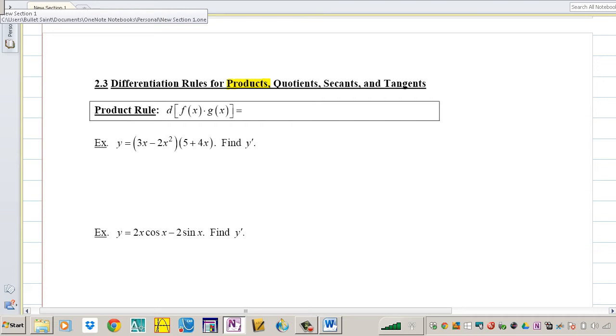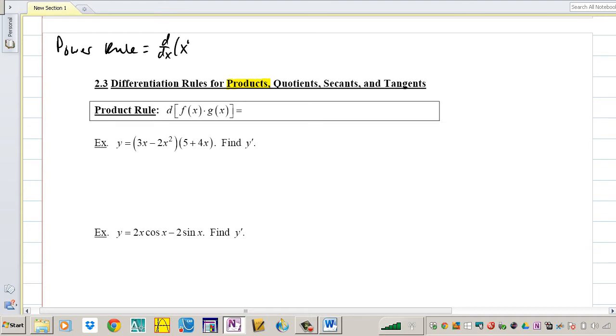We know that derivative means change. Derivative means slope. Okay? We've already found an easy way how to take derivatives now that we learned the power rule. So this is a refresher right here. The power rule says if I take the derivative of x to the n, that is nx to the n minus 1.